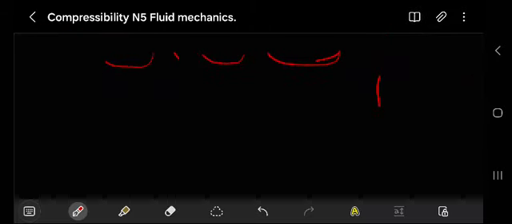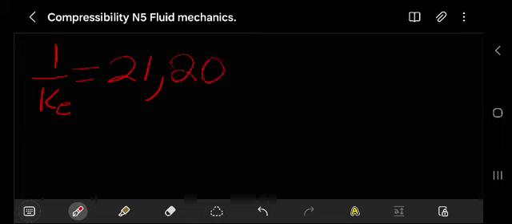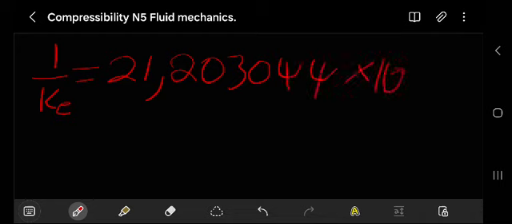Then you're supposed to get 1 over KE. So that is equal to, punch that on your calculator, we'll have 21,203,044 times 10 to the minus 9, right?